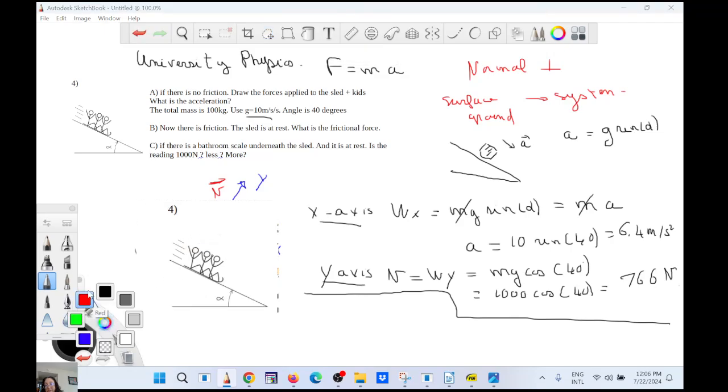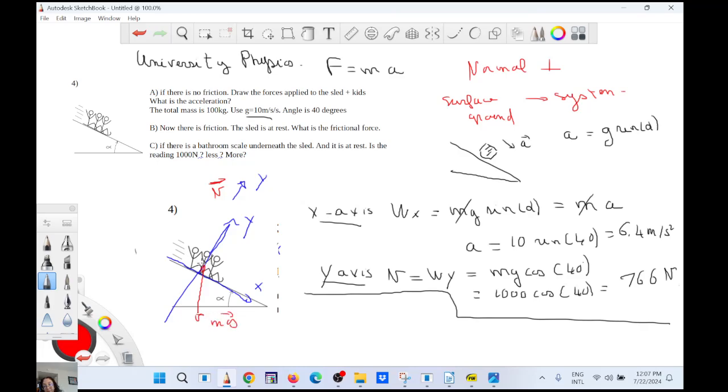So what are the forces? Still the same. So you still have to take always the x-axis along the inclined plane. That's going to be the y-axis here. And then that will be the weight down here, mg.